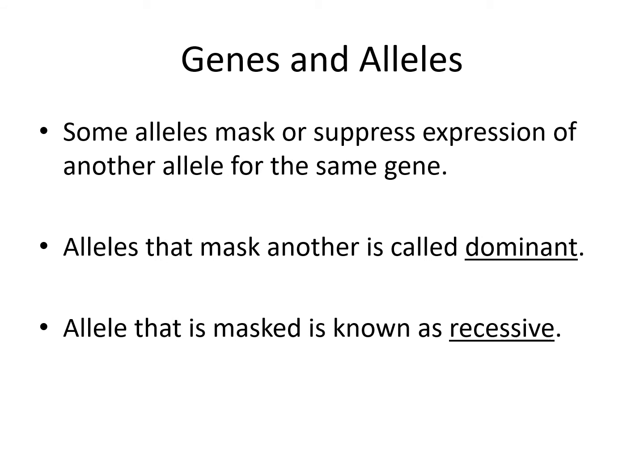Now, some alleles are not equal to each other, because some alleles may mask or suppress the expression of another allele for the same gene. Those alleles that mask another allele are called dominant. Okay. And an allele that has become masked by another gene is known as being recessive. Okay.